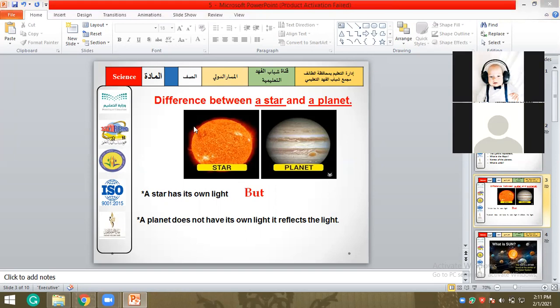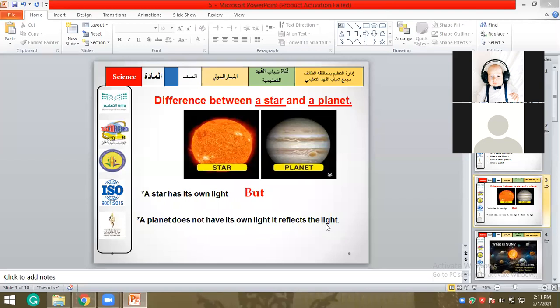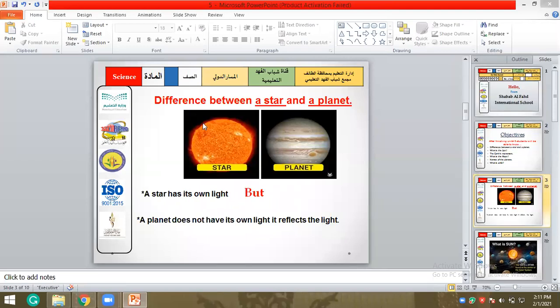Okay, so we are talking about reflecting light. Reflecting means the light of the sun or another light source comes and touches the surface of any other planet or thing or place which does not have light, and then reflects. The basic example is the mirror.